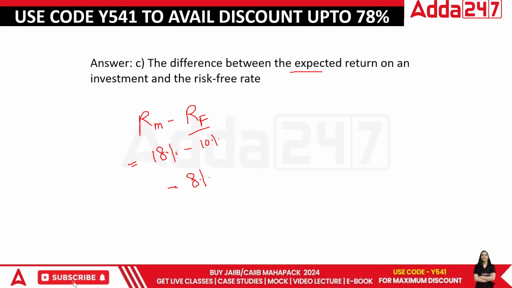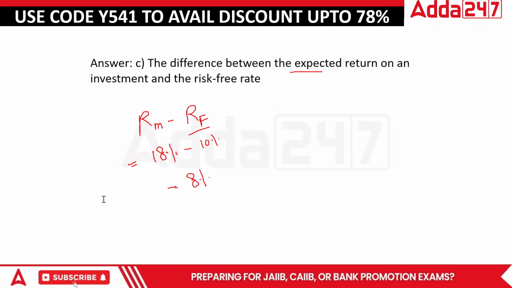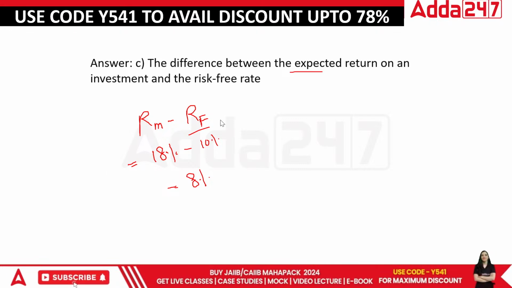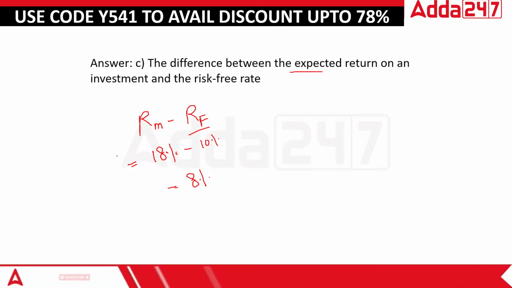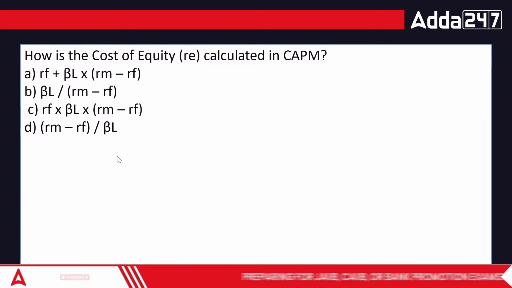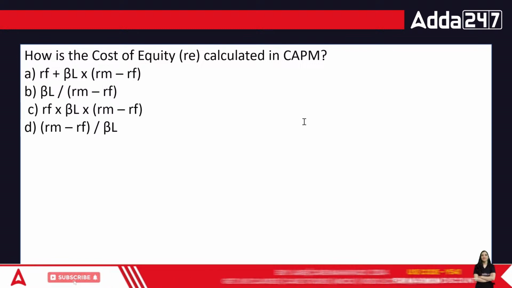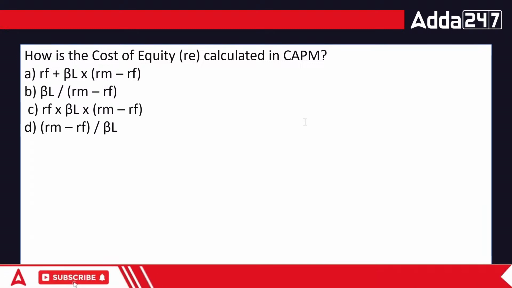Let's see. Here comes the question, everyone. How is the cost of equity, RE, calculated in terms of CAPM, the capital asset pricing model? How do we find it, everyone?